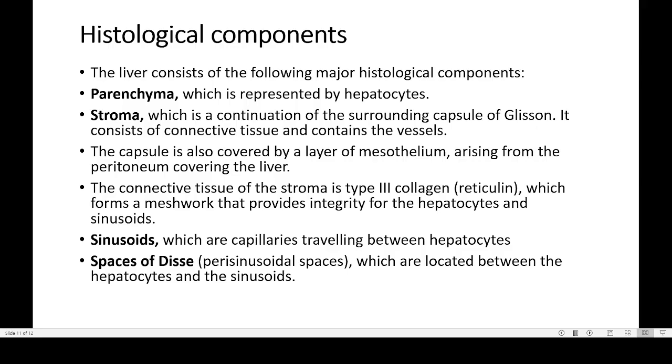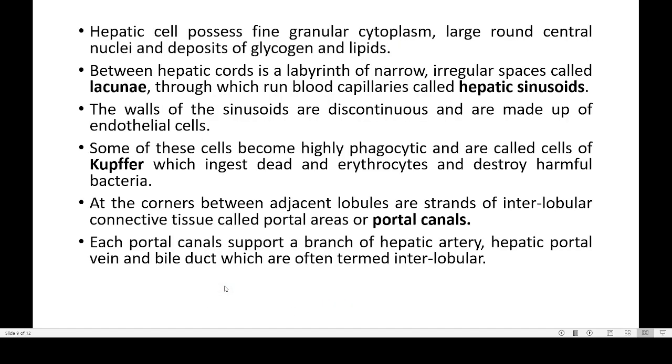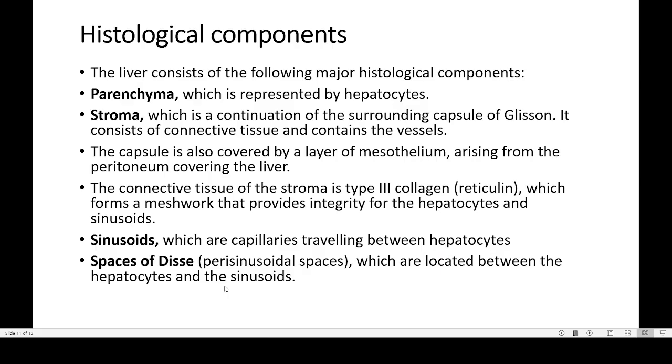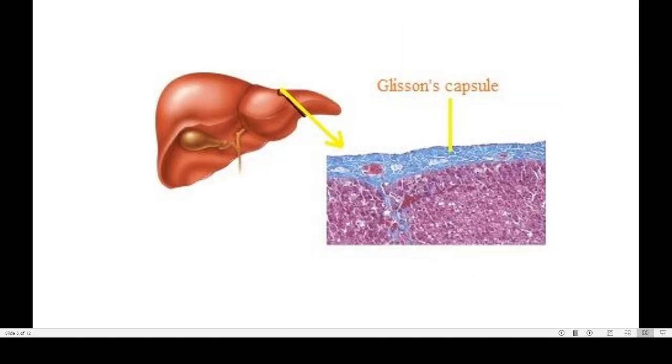The first is parenchyma. Most of the liver cells are actually parenchymatous cells. Then we can also see stroma, which is actually a continuation of the surrounding Glisson's capsule. Here you can see that this is the Glisson capsule, and that portion is known by the name stroma.